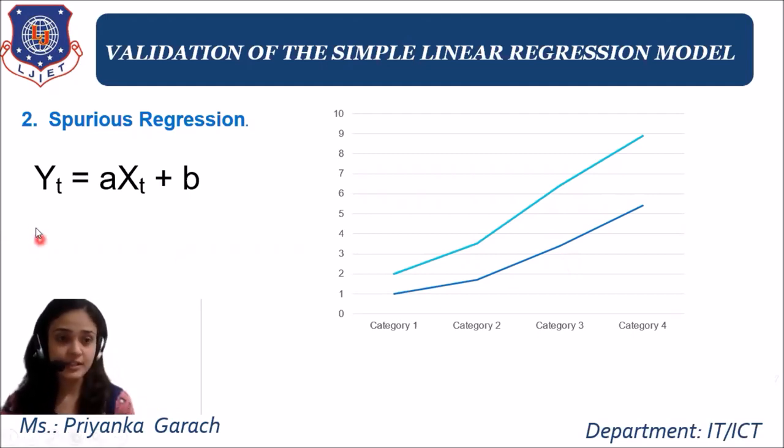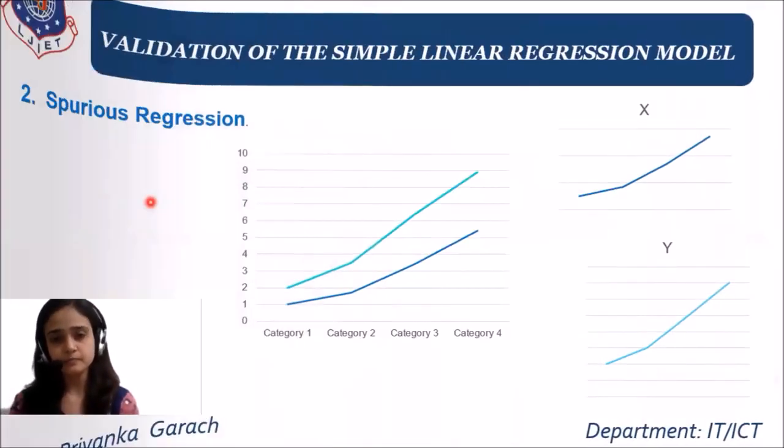So my equation is like this: y_t equals a x_t plus b. It is similar to the linear equation. Here t is my time factor, so both variables x and y also depend on the time factor.